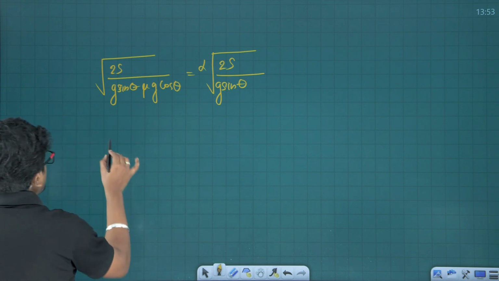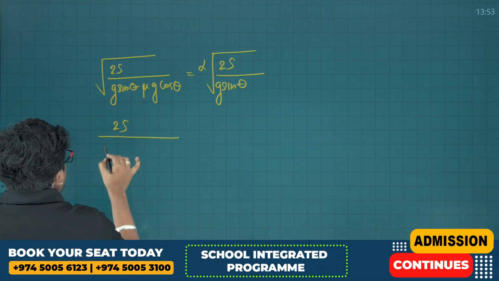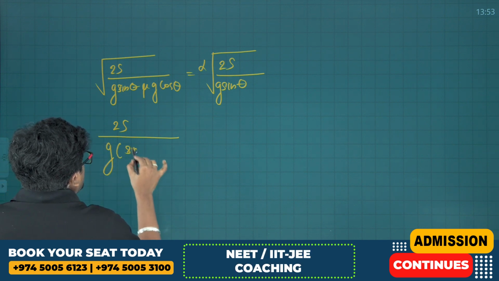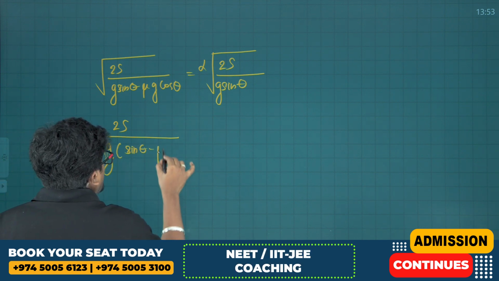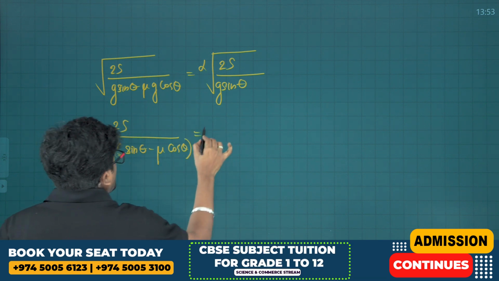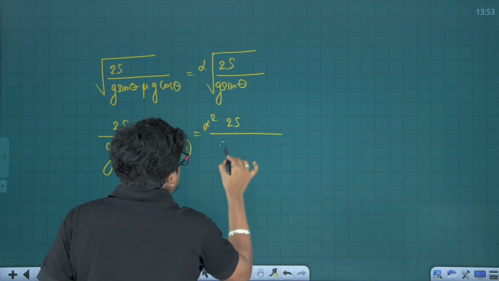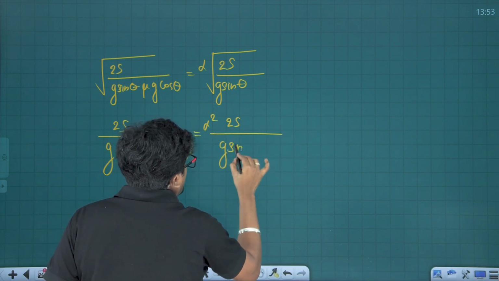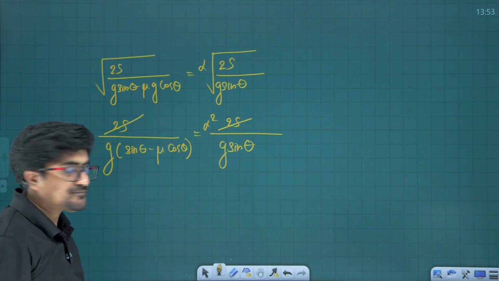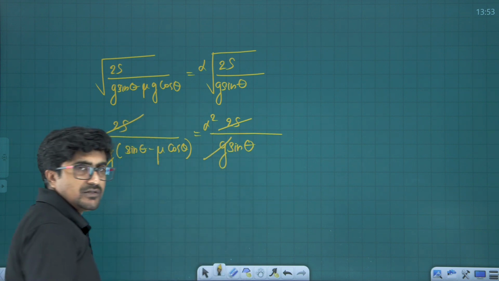Okay, so here this is going to be what? 2 times s upon g into sine theta minus mu times cos theta, that's equal to alpha square into 2 times s upon g sine theta. 2s and 2s will cancel, g as well as g will cancel.